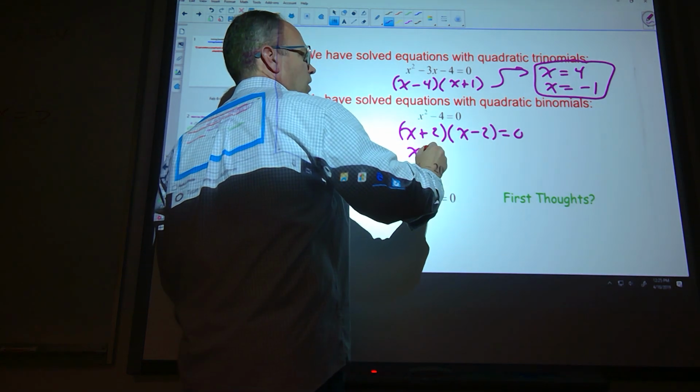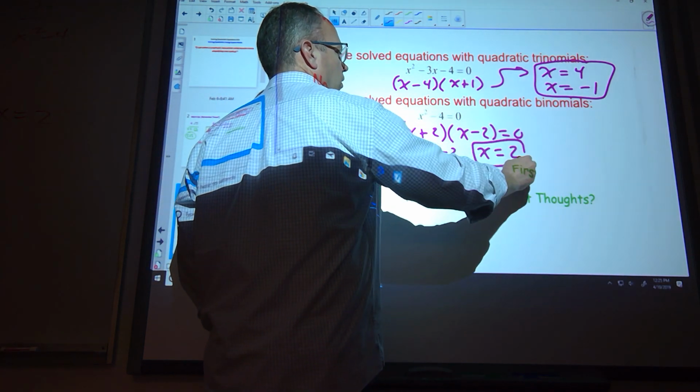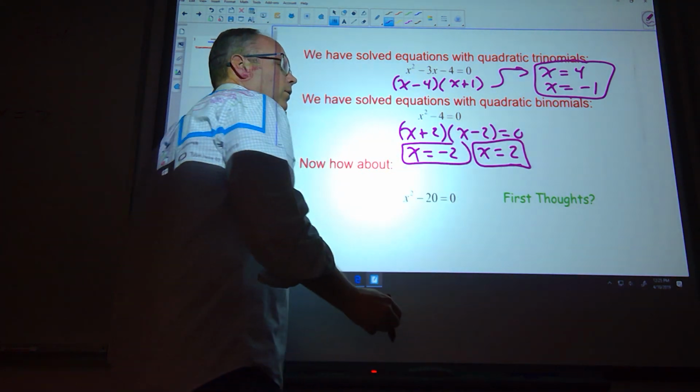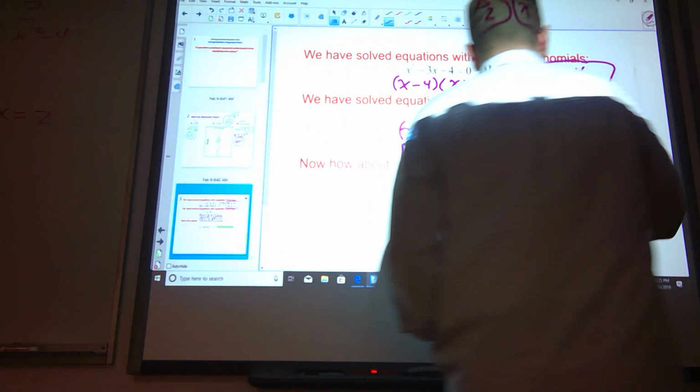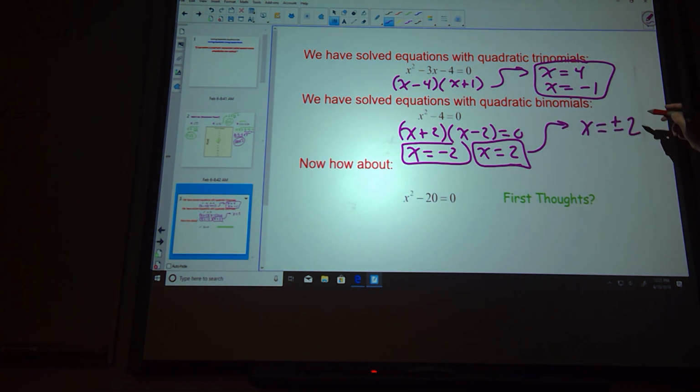So this gives me x equals negative 2 and x equals positive 2. So I get 2 answers. Does anyone know the shortcut to write this answer? You can write x equals plus or minus 2 if you wanted to. That would be the shorter version of writing that in case x equals 2 is too much work.